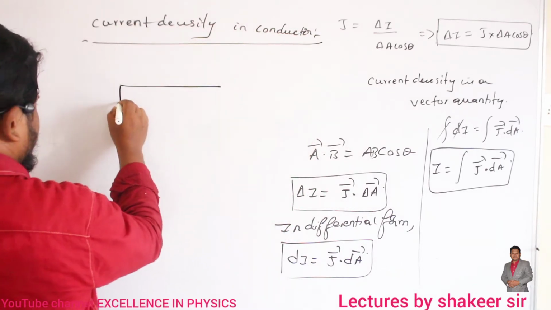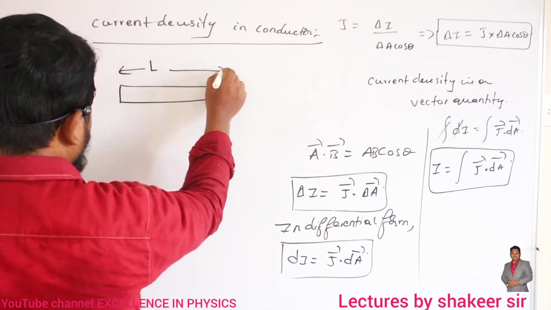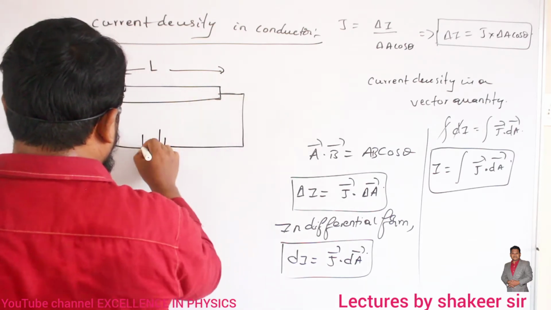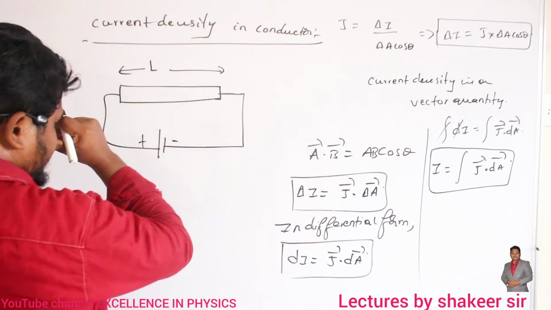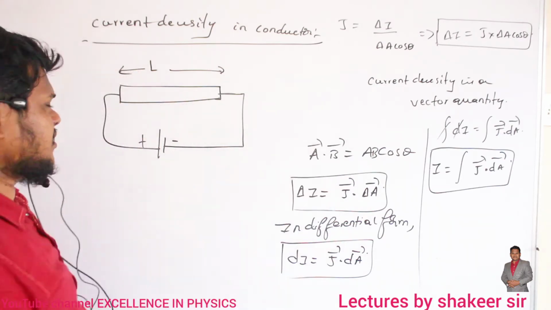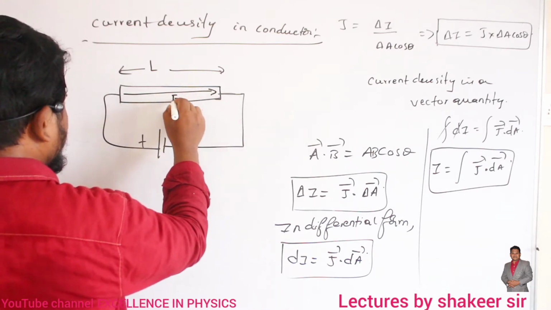Consider this is a conductor of length L, connected to a potential difference of V, positive plate, negative plate. If a conductor is connected to any battery or a cell, then an electric field will develop inside this conductor. Inside the conductor, the electric field which is developed is E.